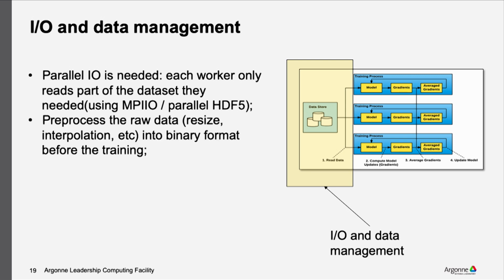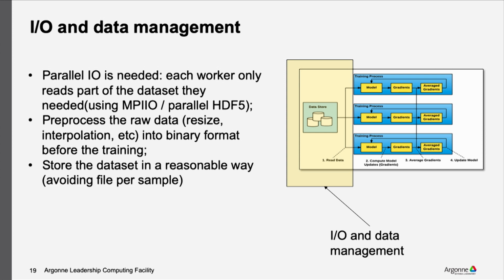And then also pre-process the raw data. For example, if you have image data, you pre-process all the image data, like scaling, resizing, and doing interpolations, before the training, so that it will save I/O time. And then store the data set in a reasonable way. I will say more on the next slides.